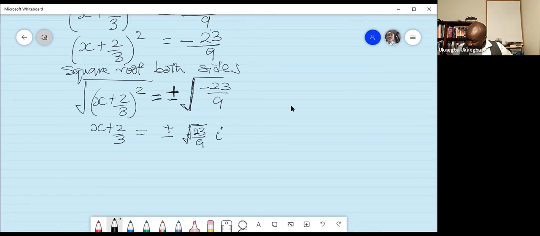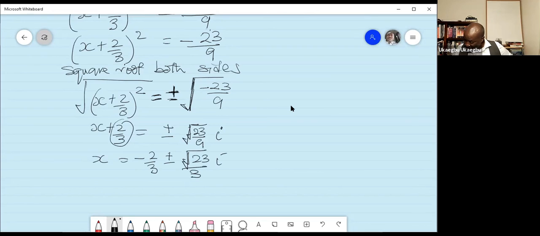Your solution is x equal to negative 2 over 3 plus or minus the square root of 23 over 3i, because the square root of 9 is 3.